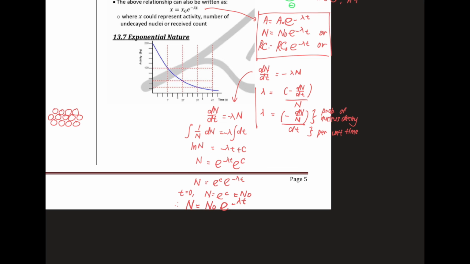So in general, it is x equal to x naught e to the power of minus lambda t. So you can see how we change the rate to the equation that they gave here. So you know how to change already: separate the variables and integrate.